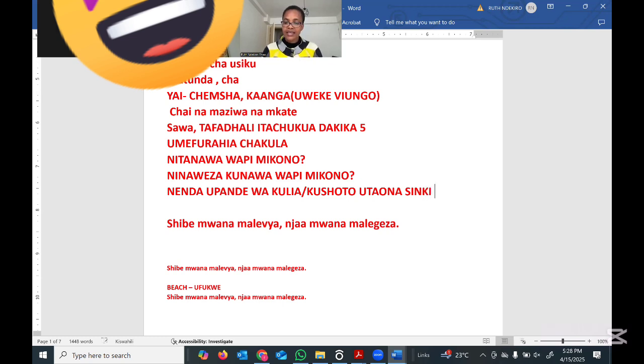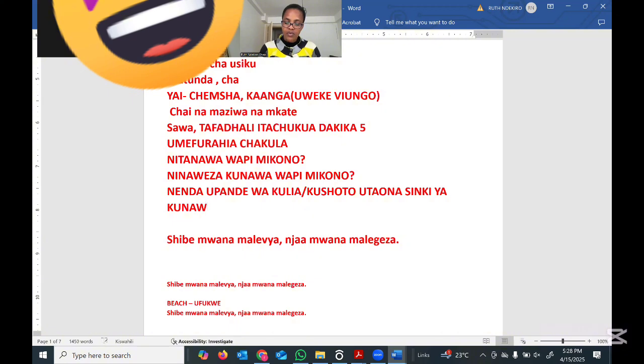Utaona sinki ya kunawia mikono. You see the sink. Yes, for washing hands. Yeah. Yes, you see the washing hand sink, the sink for washing hands.